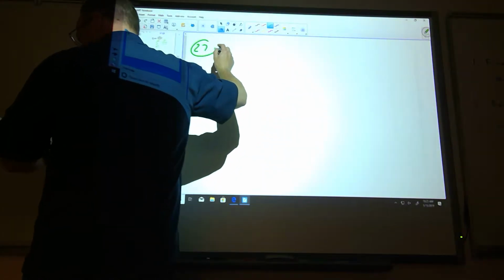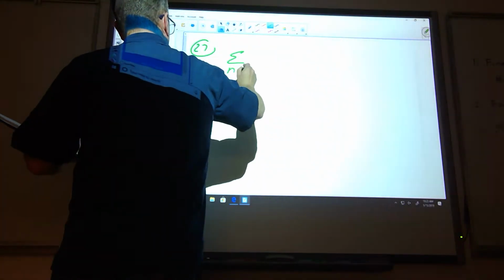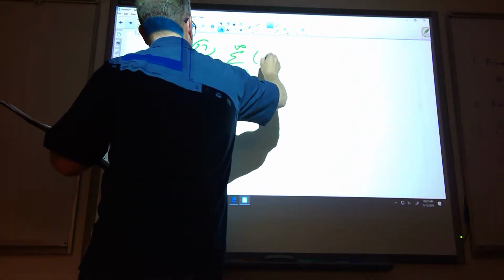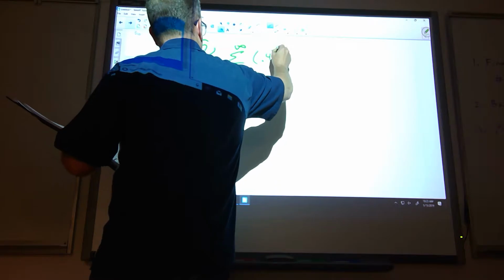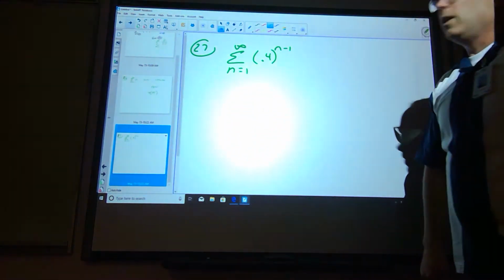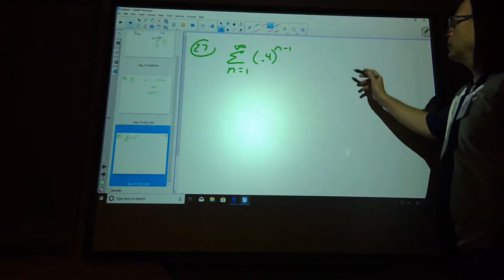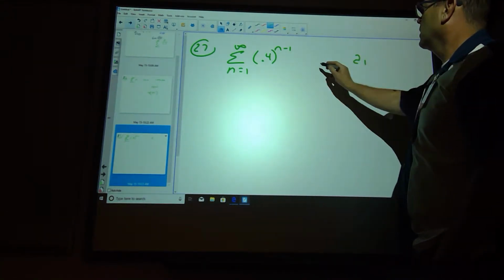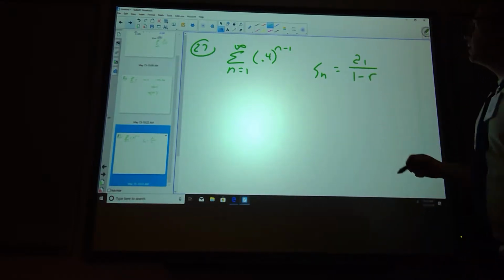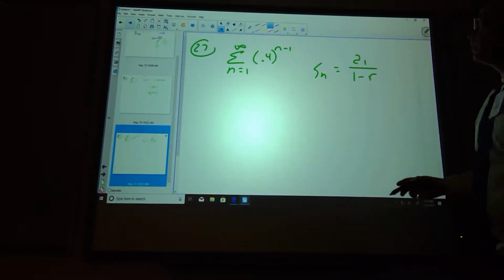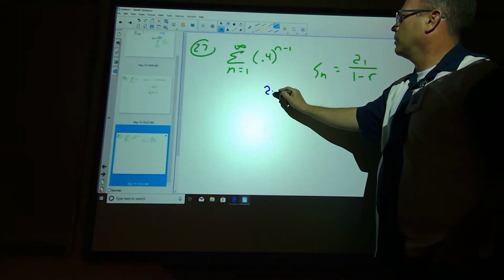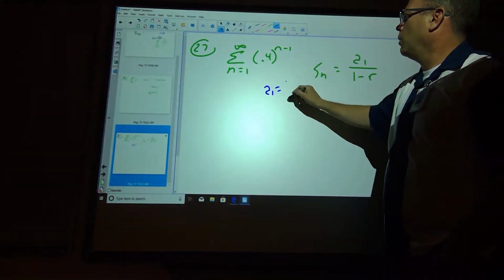We got, okay. So infinite geometric. So that means it's going to be S at n is equal to a sub 1 over 1 minus r. So if I plug 1 in here, a sub 1 would be 1.